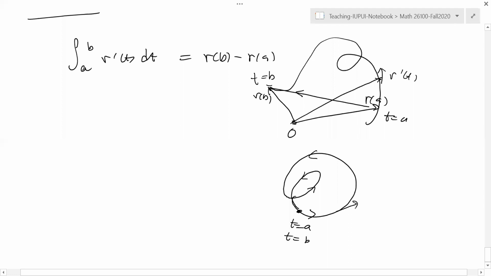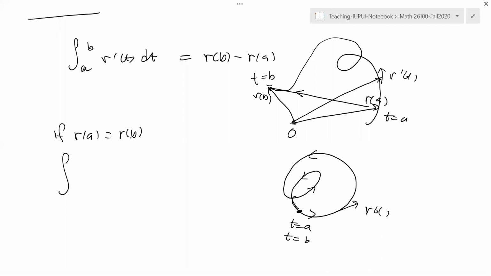If R of A equals R of B, the orbit of the moving object is closed, and then the integral of the velocity vector is going to be 0, because the difference is 0.